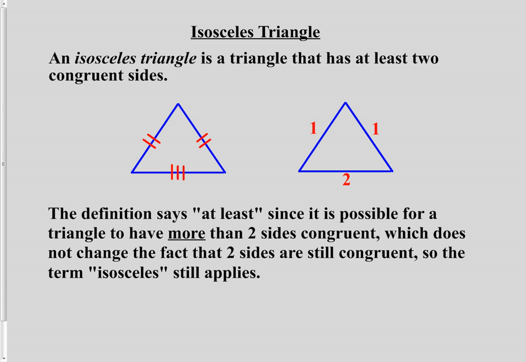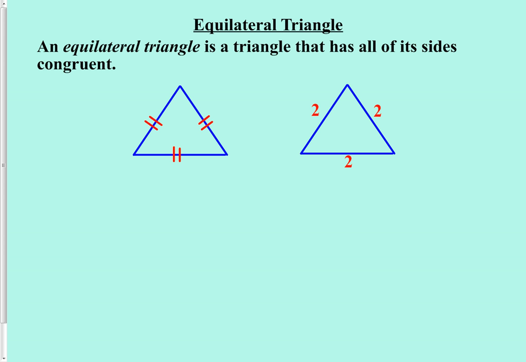It means at least 2 sides are the same. So we usually use isosceles to mean 2 sides are the same, but be aware that it could be more than 2 and still be called isosceles. When 3 sides are the same, we have a specific name for that, and that is equilateral. So we have those different names for those triangles.